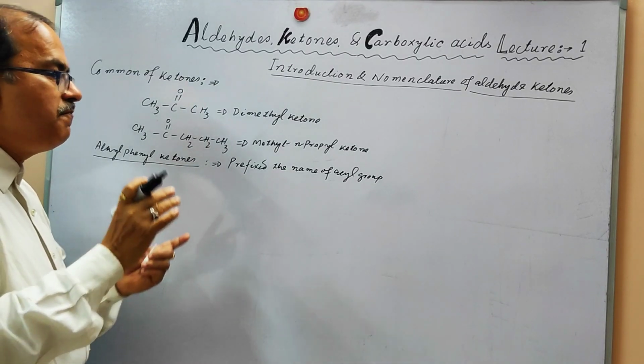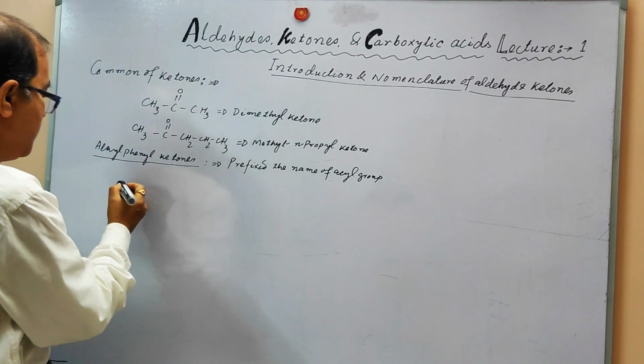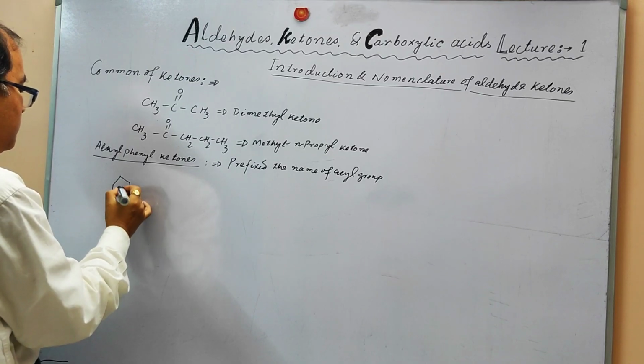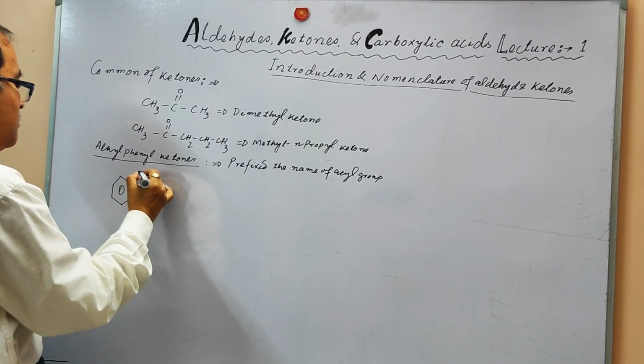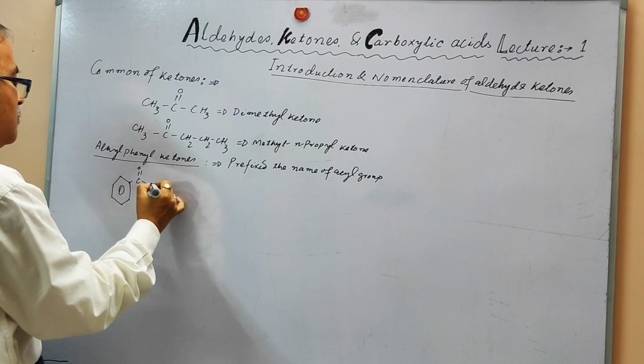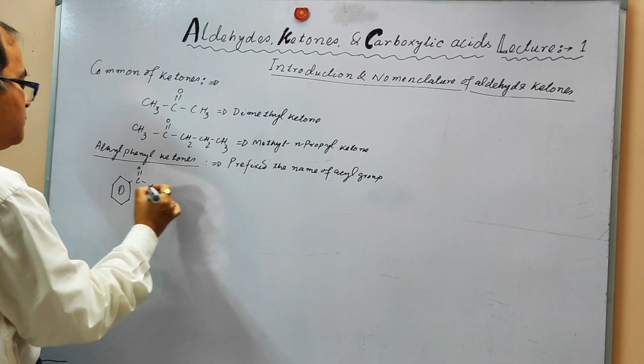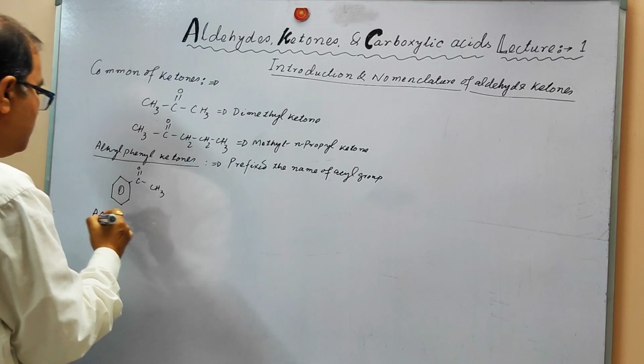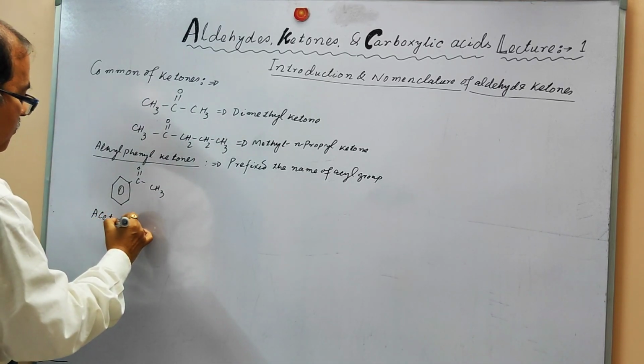Before that we have to give the name of the acyl group. As for example, the name of the acyl group is aceto, so we will write acetophenone.